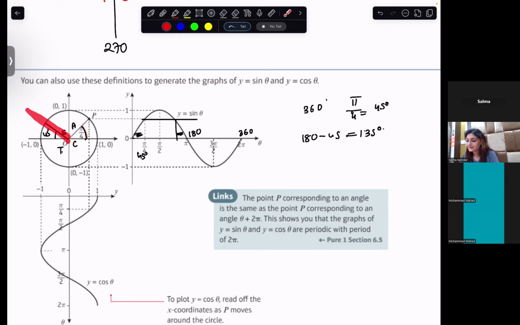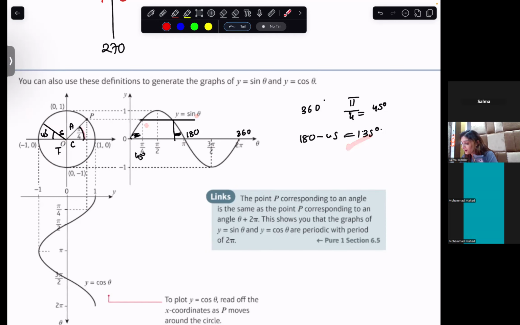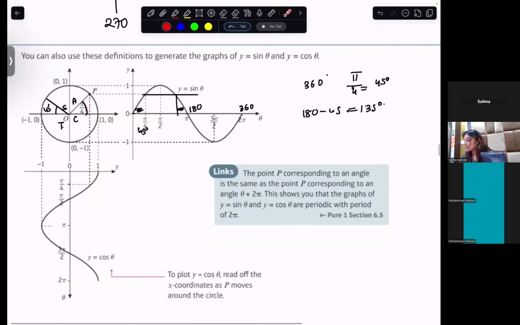This line is 180 minus 45. So 135 degrees. So the same thing in graphs. Hope you're with me. Yes, miss. So this is how the CAST and reading the sine graph mean the same thing.